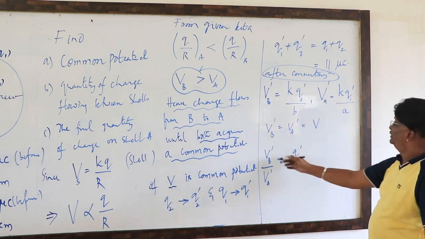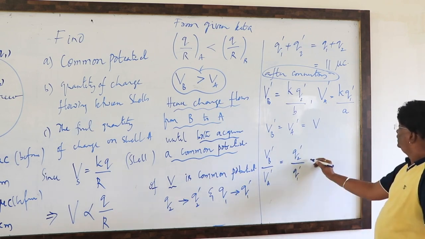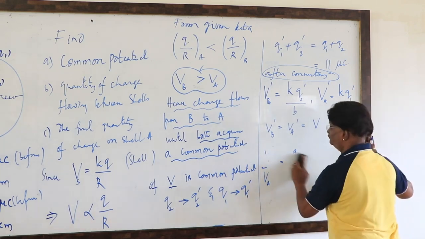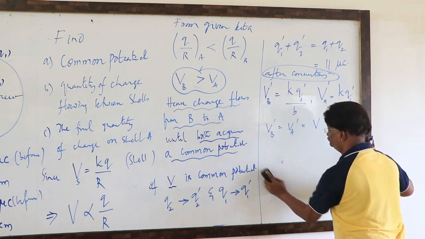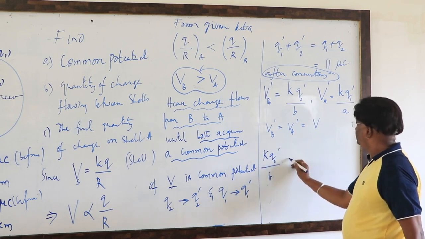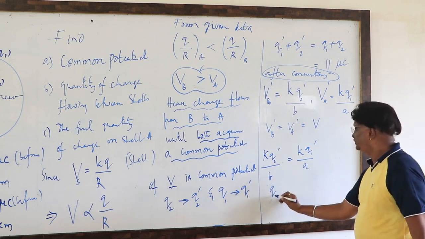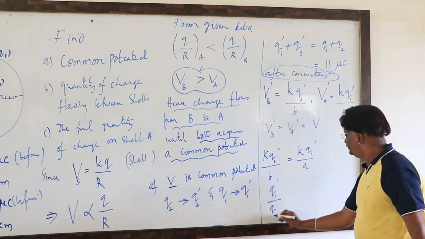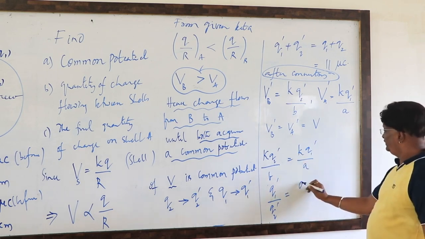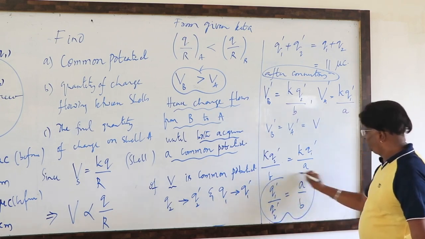So K Q2 dash by B is equal to K Q1 dash by A, which implies Q1 dash by Q2 dash is equal to A by B. Q1 dash by Q2 dash is A by B.